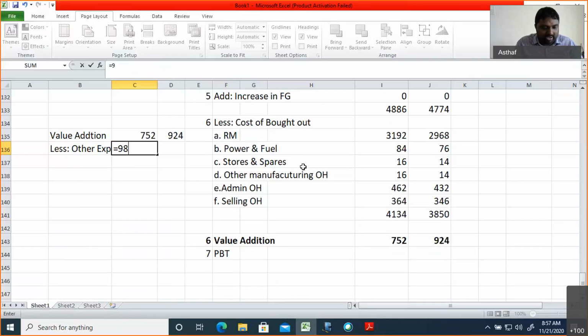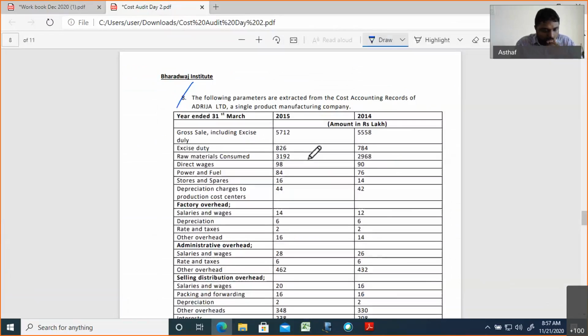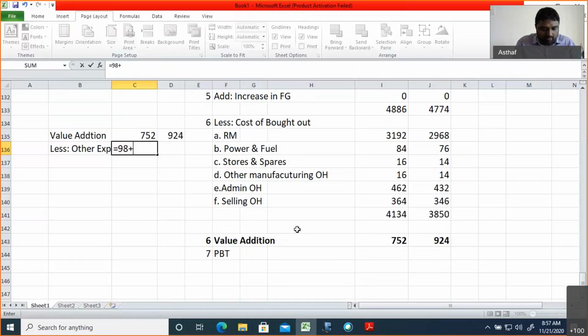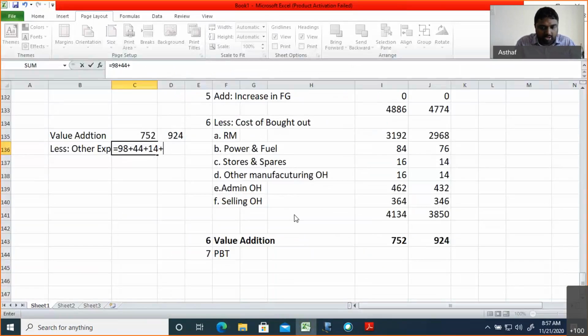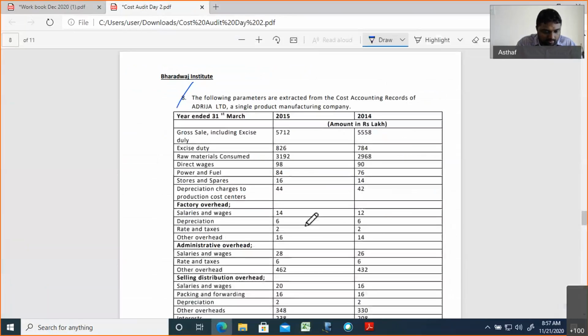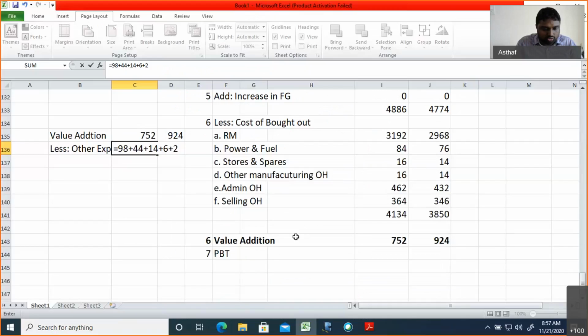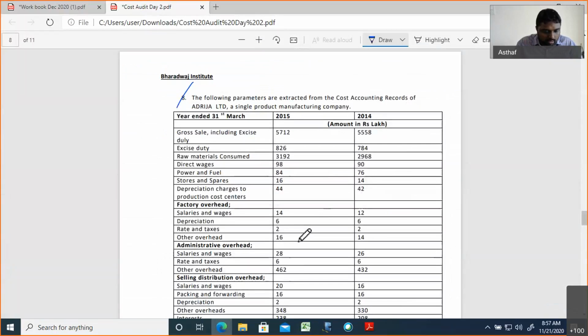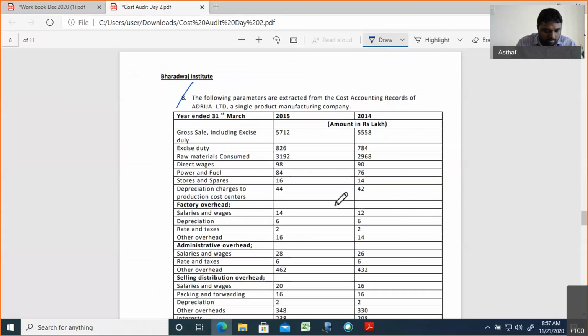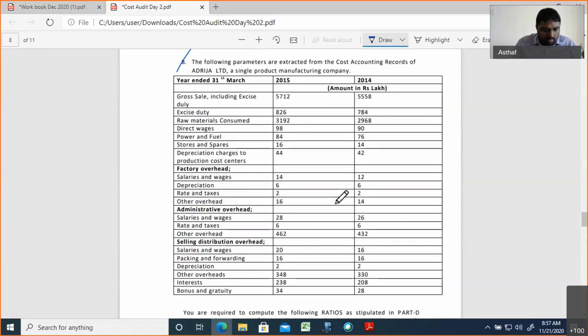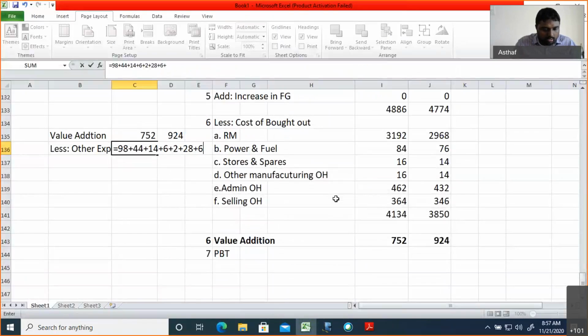Direct wages 98. Depreciation 44. Salaries 14. Depreciation 6. Rates and taxes 2. Then salaries again 28. Rates and taxes again 6.